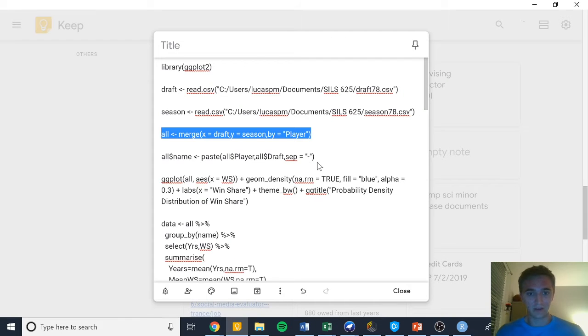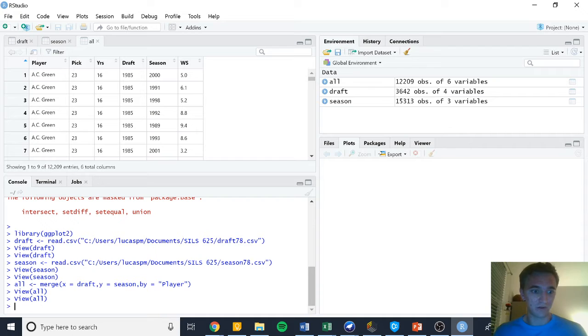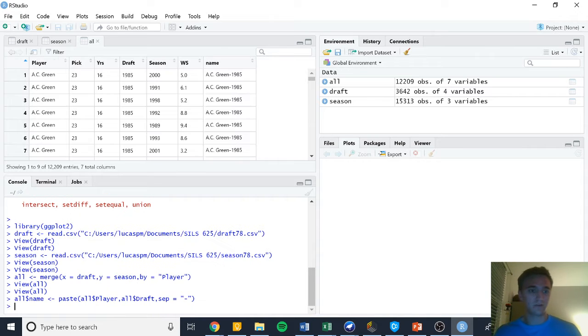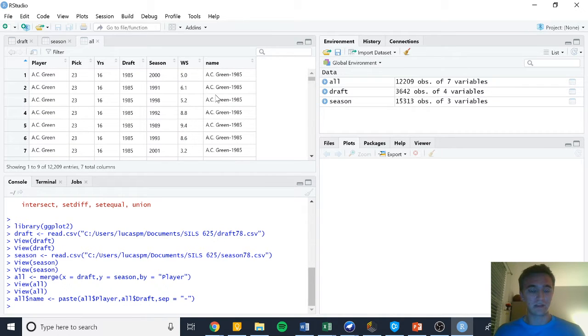And then I went ahead and changed their name for future reference. So we got a different column here now. We just wanted to make sure we could uniquely identify them here.